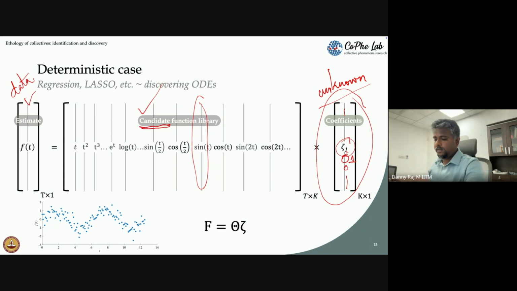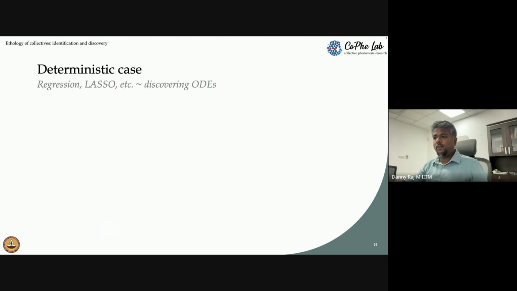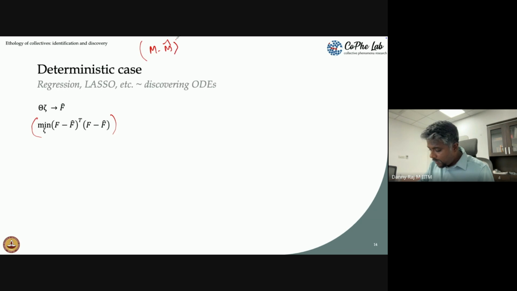All right. So how do you solve a regression problem? Going back to the minimization that we talked about, the optimization: you're minimizing this. Remember, I wrote m minus m cap square. Another way of writing that in vector terms is m minus m cap transpose times m minus m cap, which is what I've written here in terms of f. So it's the same objective function. But now there's something better. What is an estimate for f cap?